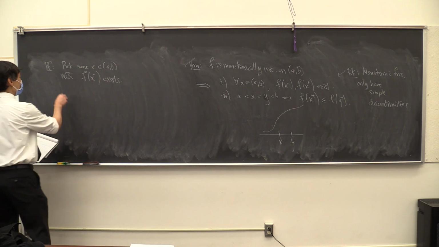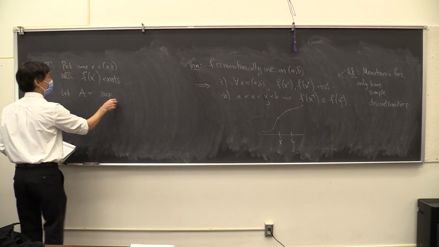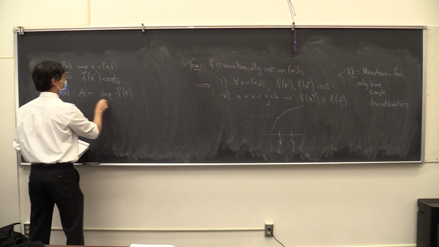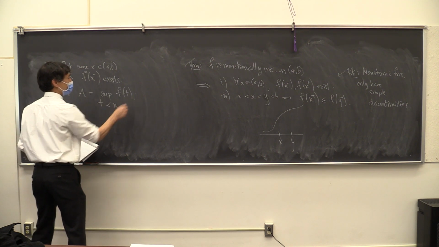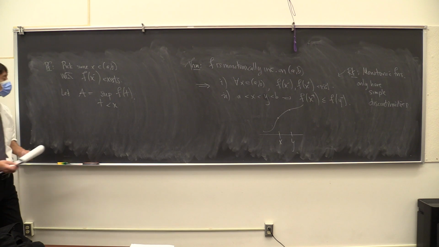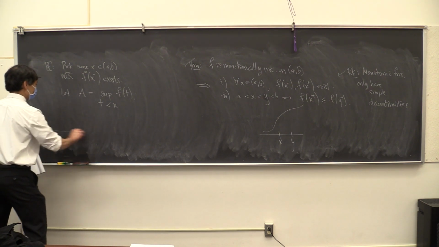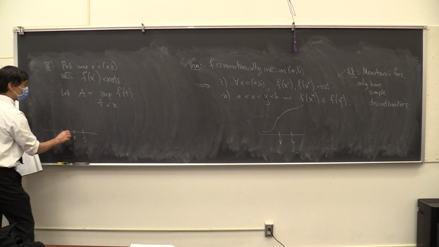Let A be the supremum of all the values of f of t, where t is smaller than x. Right, so here's your picture. A, B, here's x.